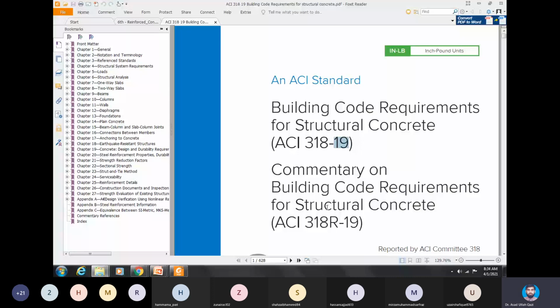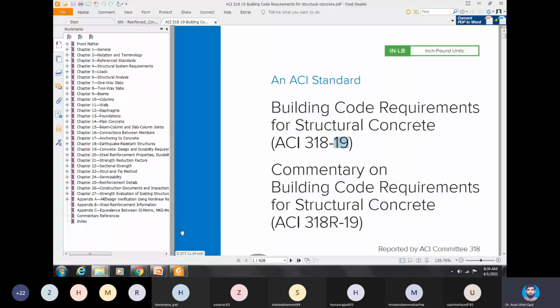Textbooks which you will read are referring to this building code requirements for structural concrete. So there are various chapters in this document, and if you look at the chapters, you will find that there is one chapter on beams, chapter 9. There are two chapters on slabs, one-way slabs, chapter 7, and two-way slabs, chapter 8.